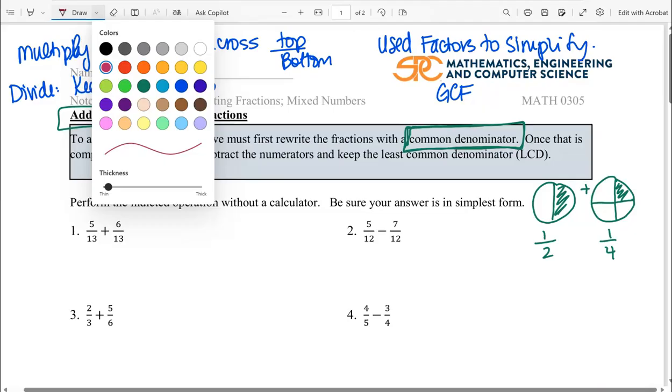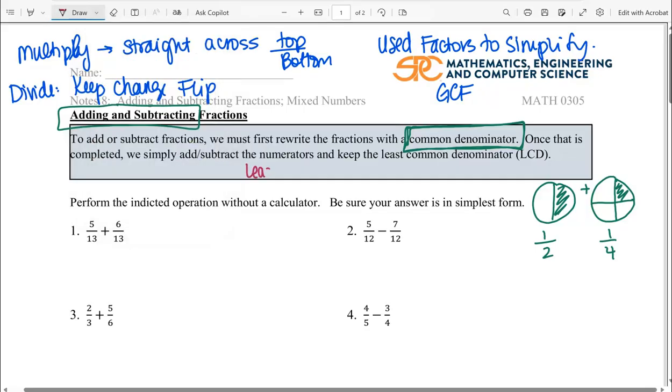My half and my fourth have to be measuring the same size before I can put them together. So to get a common denominator, we're actually going to use the least common multiple. If I look at my denominators 2 and 4, 2, 4, 6, 8, multiples of 2; 4, 8, 12, multiples of 4.